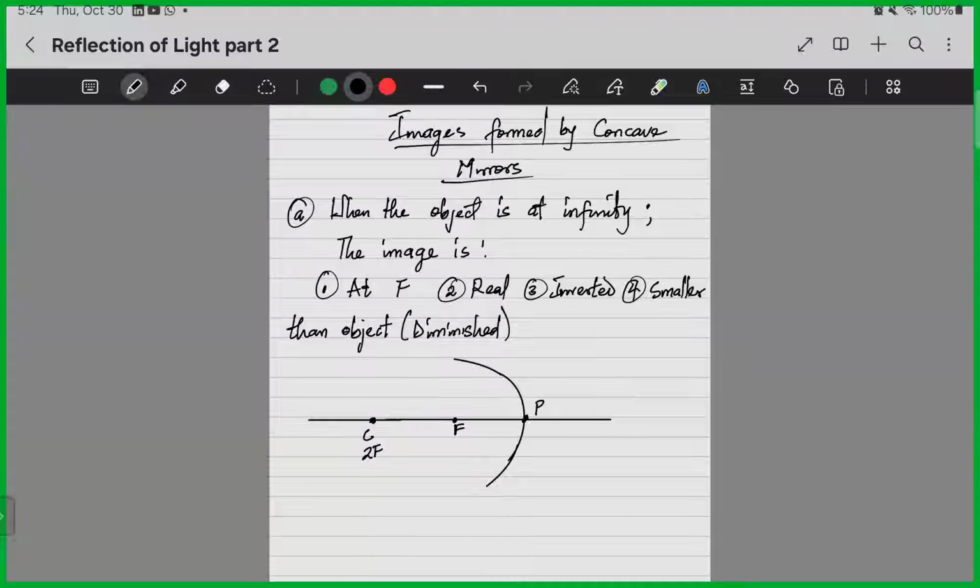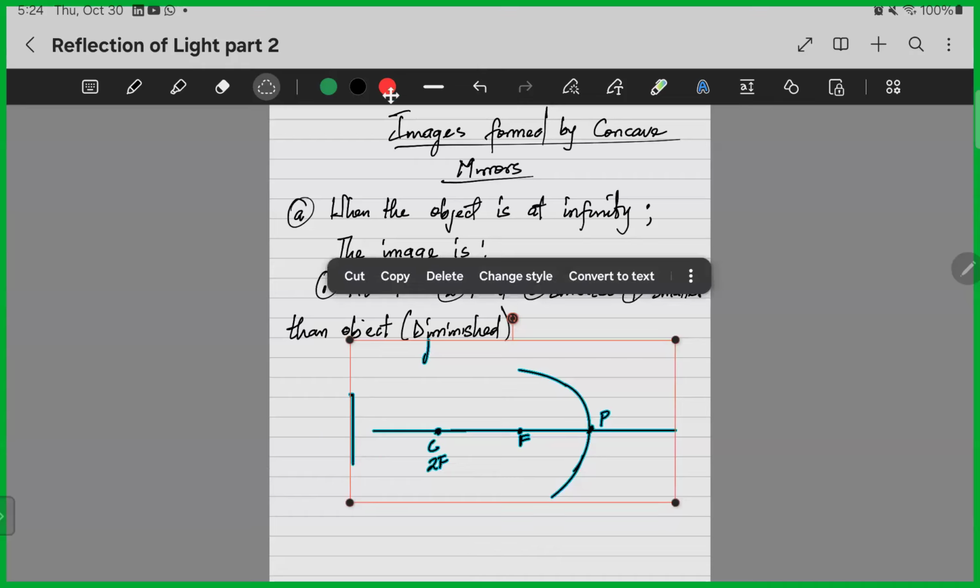The meaning of that is that I can't draw it on the principal focus or anywhere there. I'm just going to draw it somewhere outside here. Let's say this is the object at infinity. Let me move the entire thing sideways.